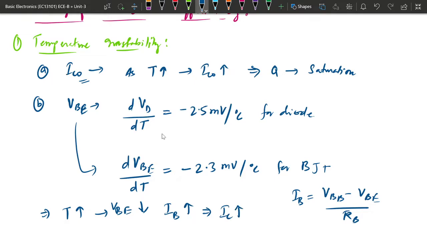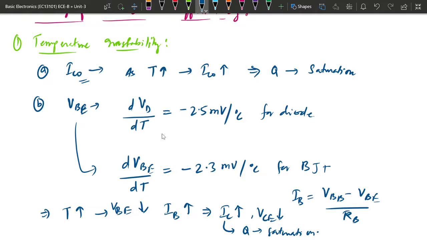If the IC value is going to increase, then VCE is going to decrease. So if IC increases, that means the Q point will be shifting to the saturation side. That means because of the temperature we can get ICO variation and VBE variation, and because of these two variations we are going to have increased collector current.